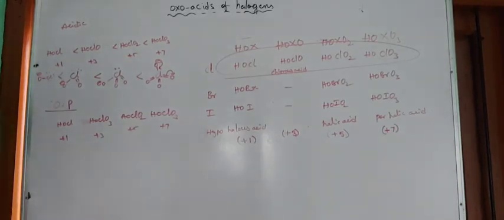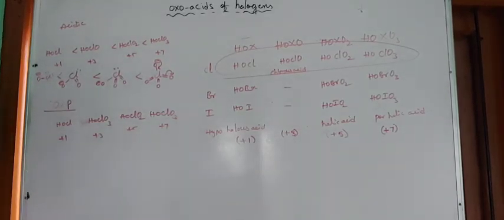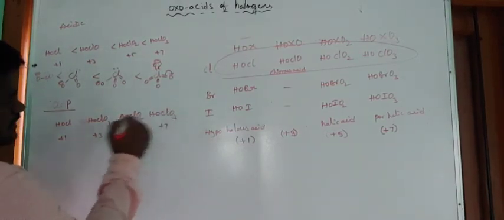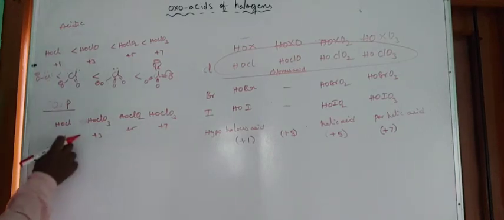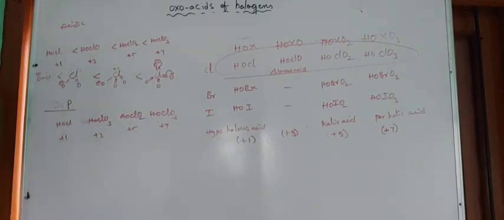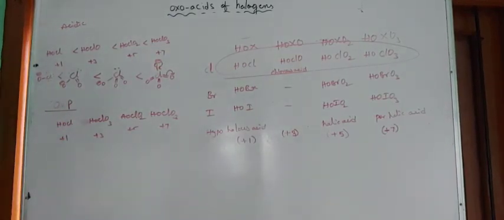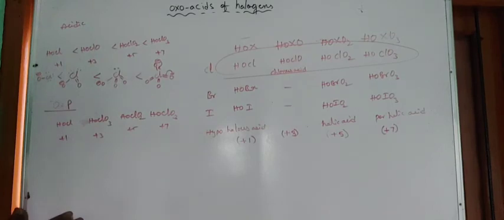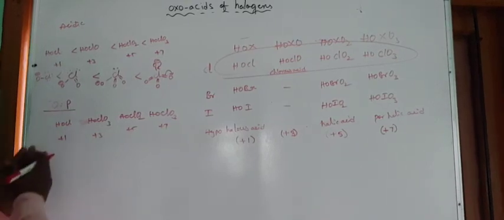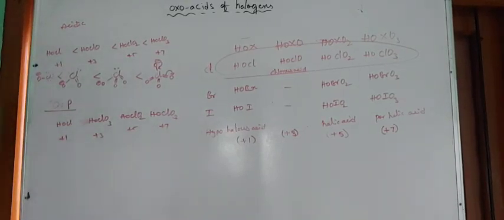So this one is most stable with the +7 oxidation state, and this one is least stable with the +1 oxidation state. Due to this stability factor, the one that is more stable in the +7 oxidation state is the weakest oxidizing agent, and the one containing the lowest oxidation number is a strong oxidizing agent.